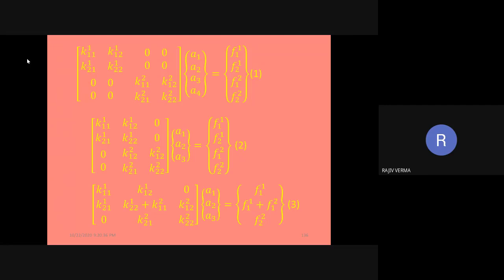And please note that in the second equation, you have contributions from the two elements which are getting added up together. In the next slide, we are going to divide the domain into four elements.